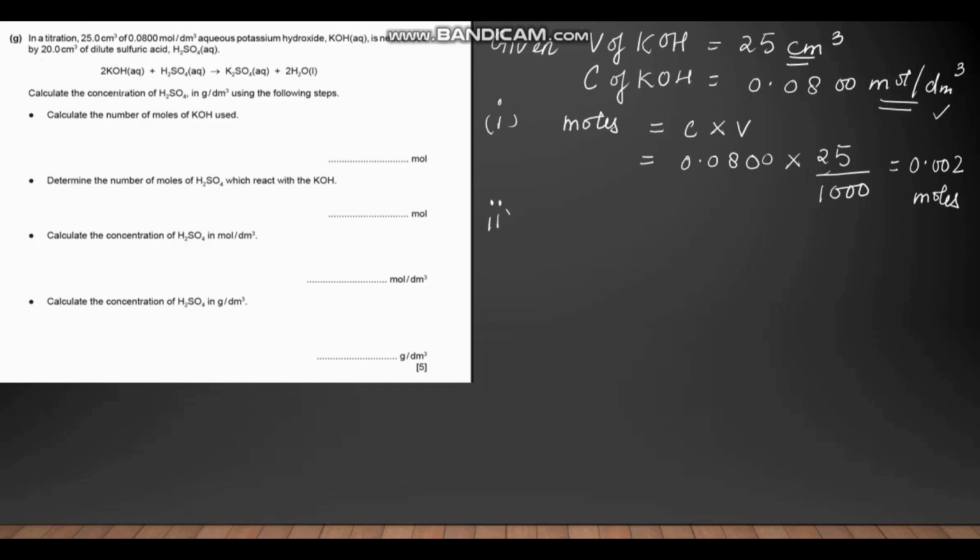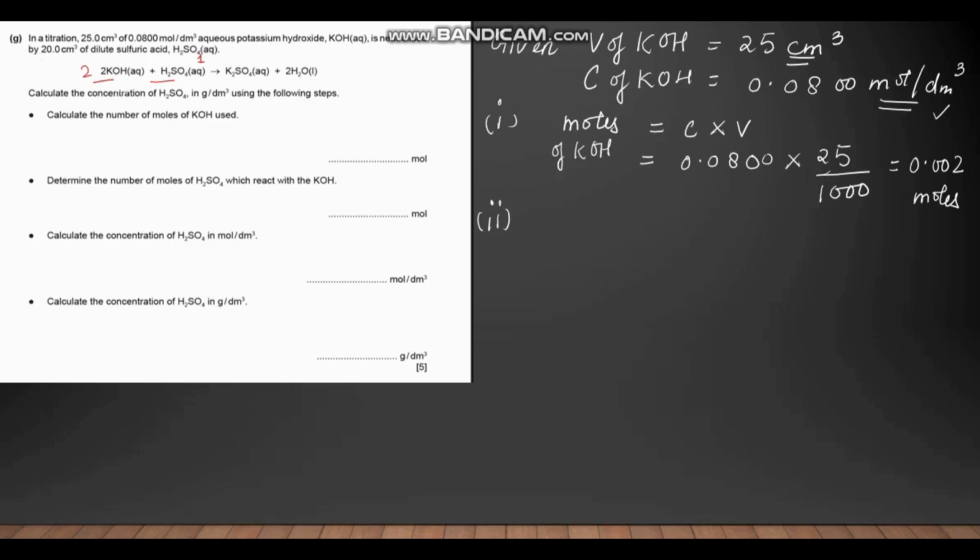Now coming to the second part of the question, determine the number of moles of H2SO4 which reacts with the KOH. Once we have the moles of KOH, to find the moles of the other component, we will use the ratio given in the balanced chemical equation. Here 2 moles of KOH reacts with 1 mole of H2SO4. That means the ratio between KOH and H2SO4 is 2:1, which says half the amount of H2SO4 is required to react with KOH.